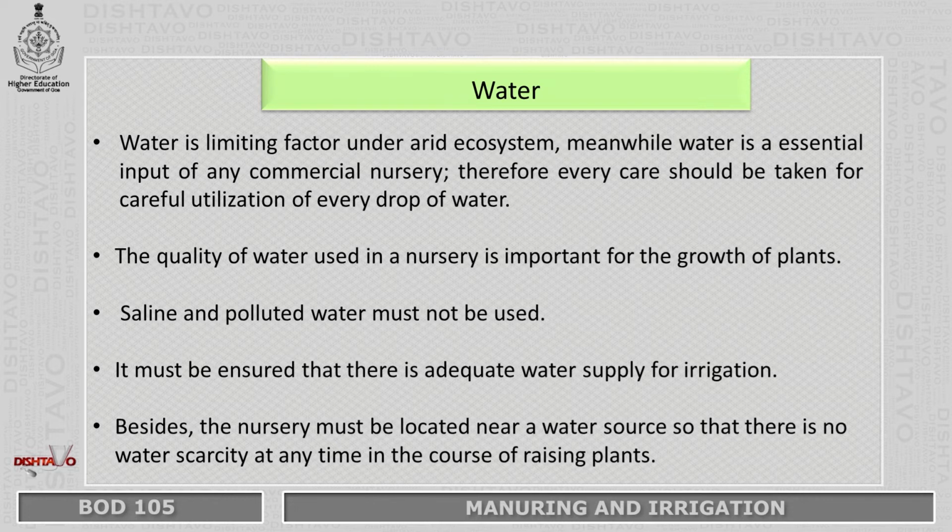Saline and polluted water must not be used. It must be ensured that there is adequate water supply for irrigation. If you are doing a nursery, it must be located near a water source so that there is no water scarcity at any time in the course of raising plants.